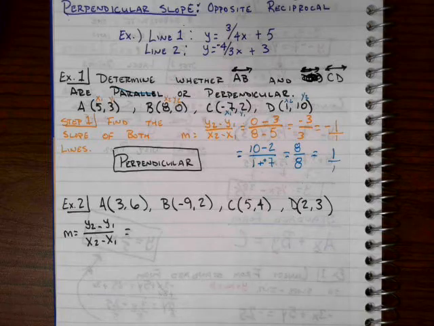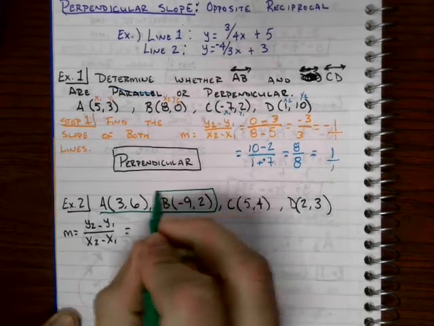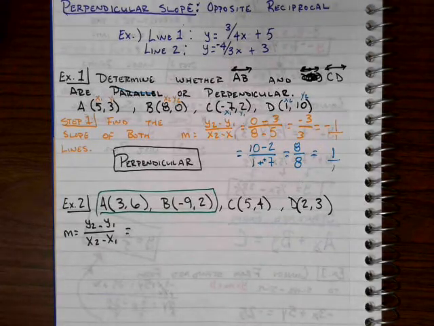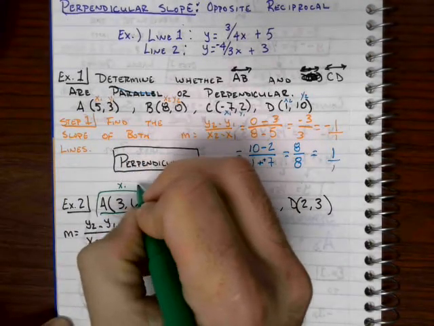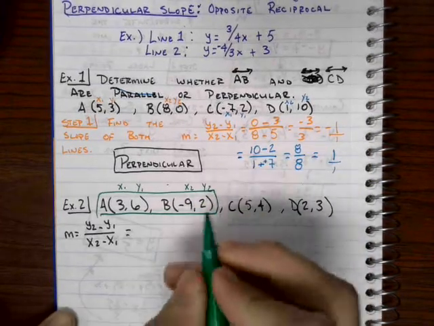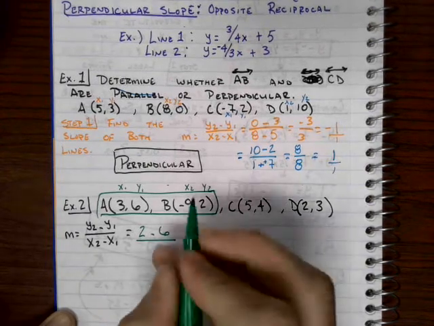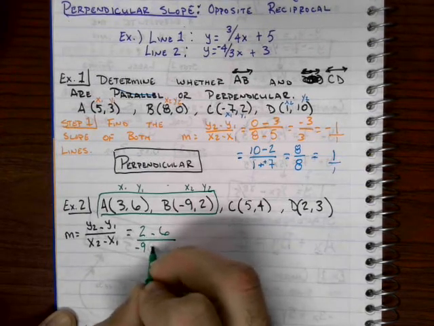So for line AB, I'm going to box this in. This might be a little easier to tell. We're going to use green here. If I label x1, y1, x2, y2, for y2 we have 2 minus y1, which is 6, over x2, which is negative 9, minus x1, which is 3.